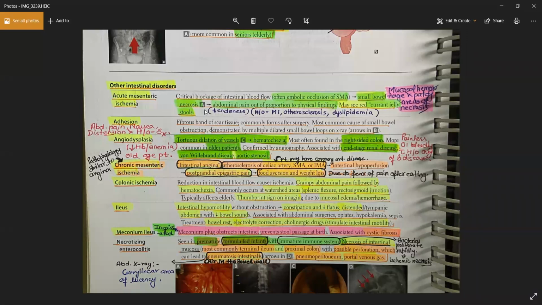And if you have a chronic occlusion, then what happens? If you have a chronic obstruction, let's just say an atherosclerotic plaque, for example, then what will you have?